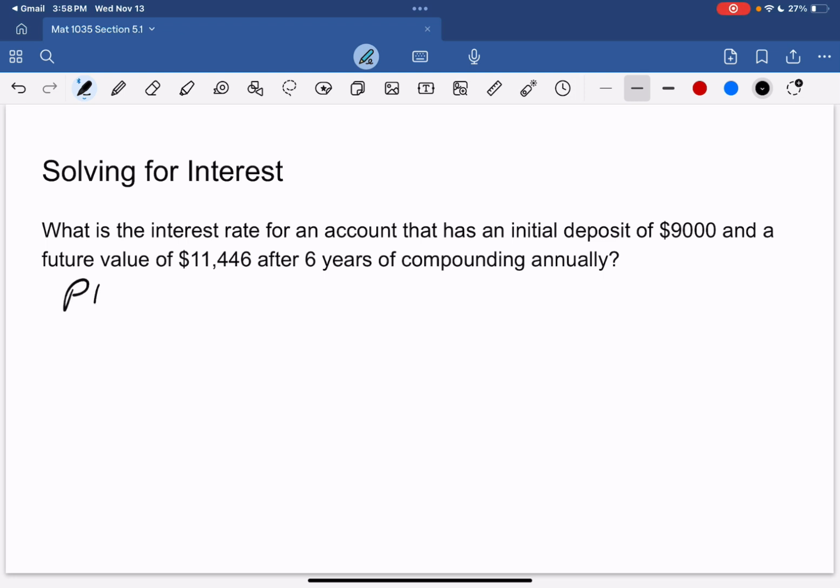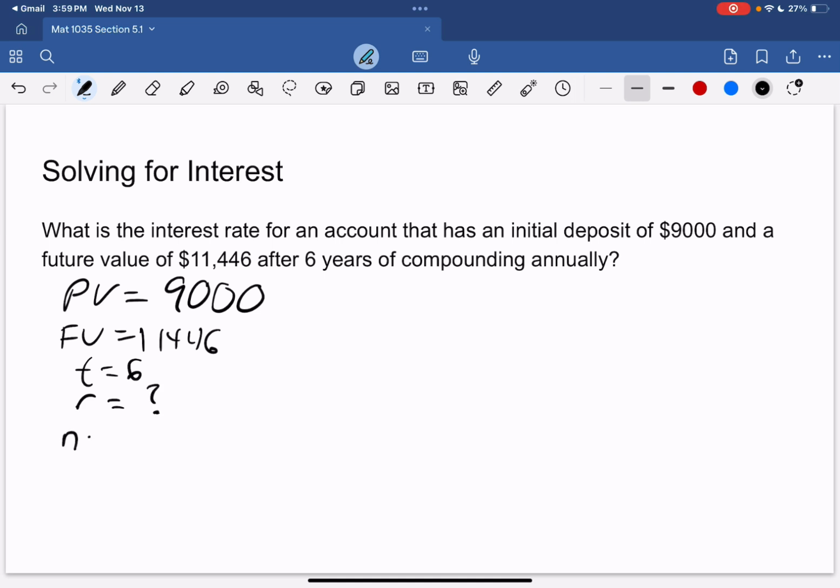So here I have a present value of 9,000. I have a future value that I want to include this time of 11,446. I have a time of 6. The rate is what I'm wanting to find.